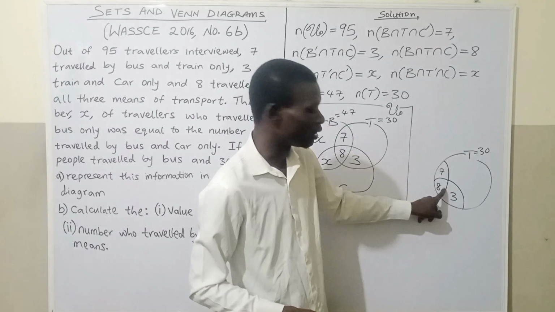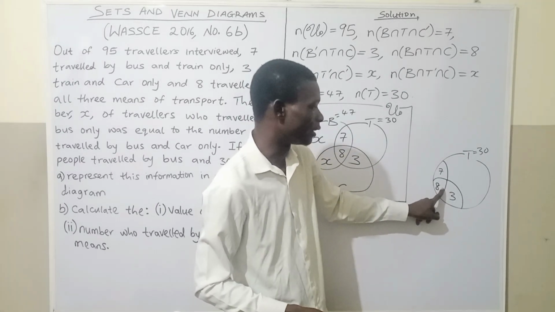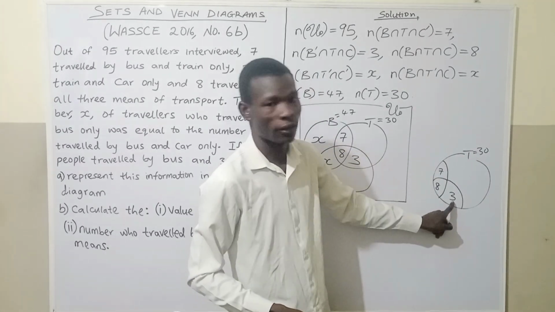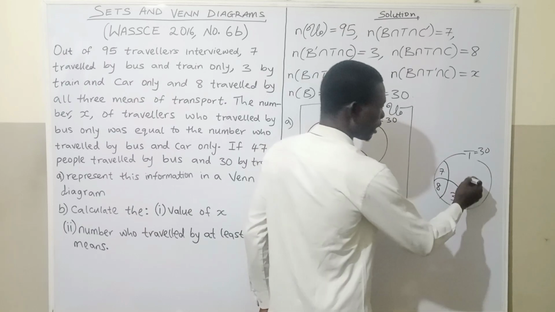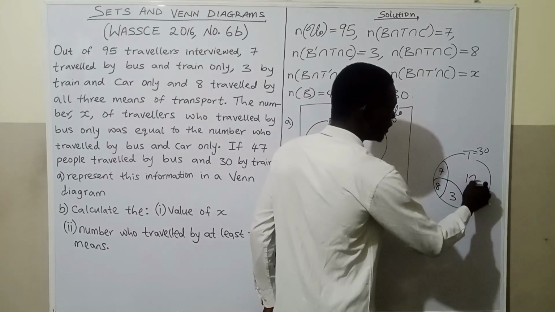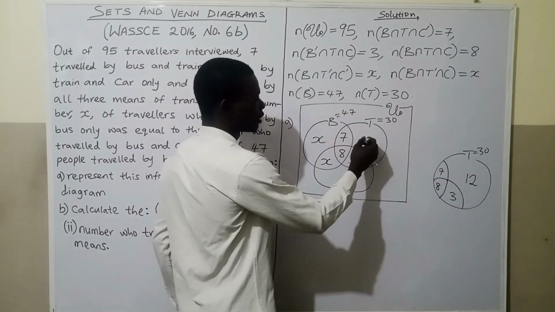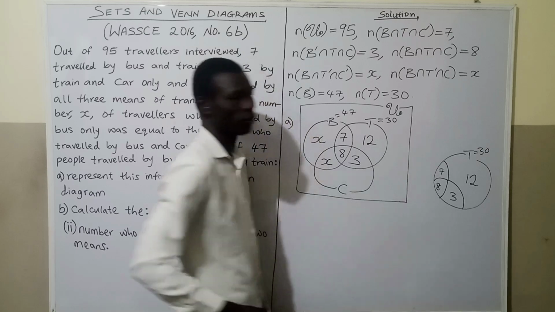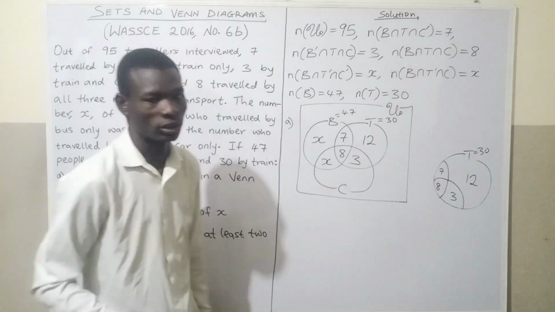From 23, remove 8, you'll be left with 15. From 15, remove 3, you'll be left with 12. So those that traveled by train only, there are 12 of them. That's how we get those that travel by train only.